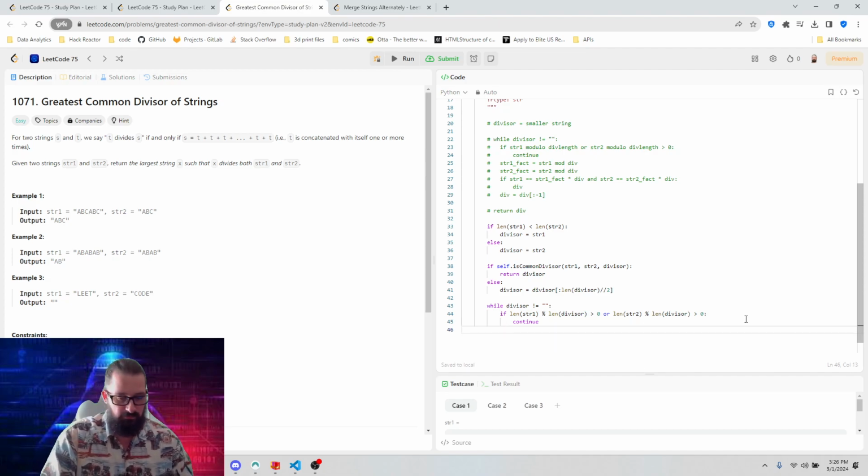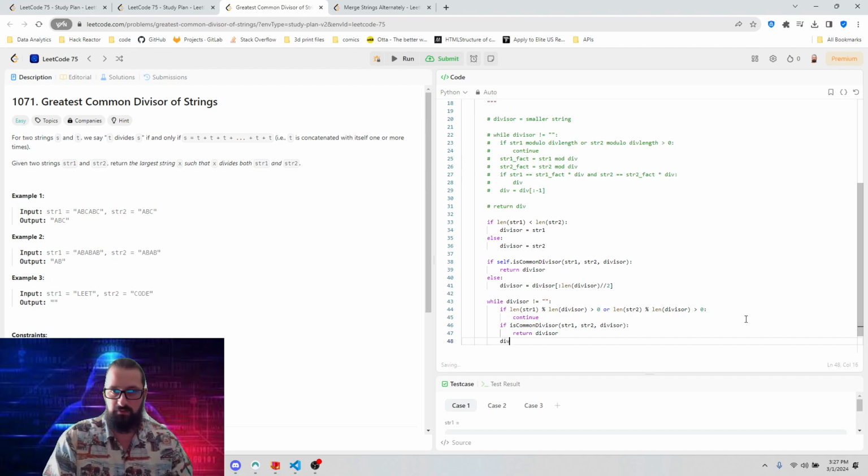Otherwise, I can continue and do is common divisor string 1, string 2, divisor. Make sure we have pretty code. And then I'll do if true, then return divisor.